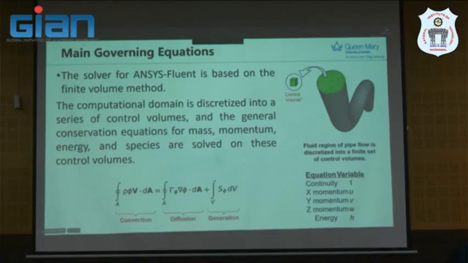And if our simulation is focused on a solid domain, which means there is no fluid flow during our simulation, the governing equation will become like this. We will neglect this one.